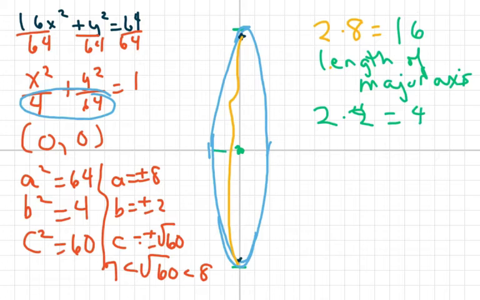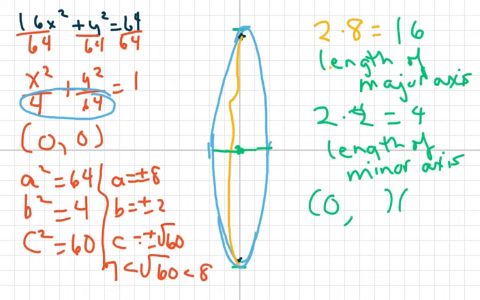You can count it. 1, 2, 3, 4. That's the length of the minor axis. And my foci is on my y, which is plus square root of 60 and minus square root of 60.